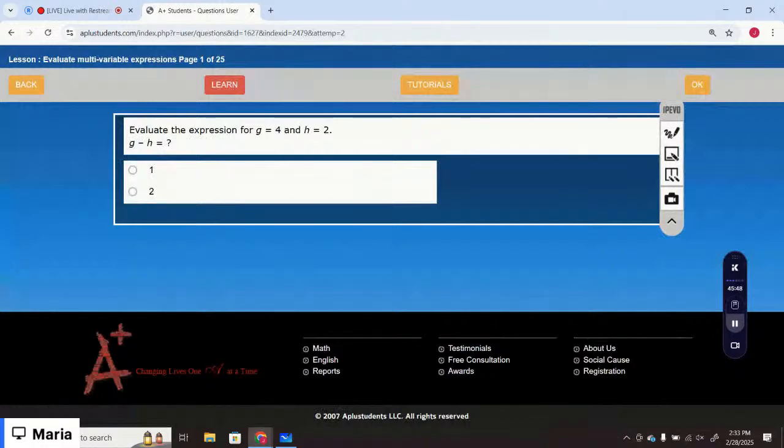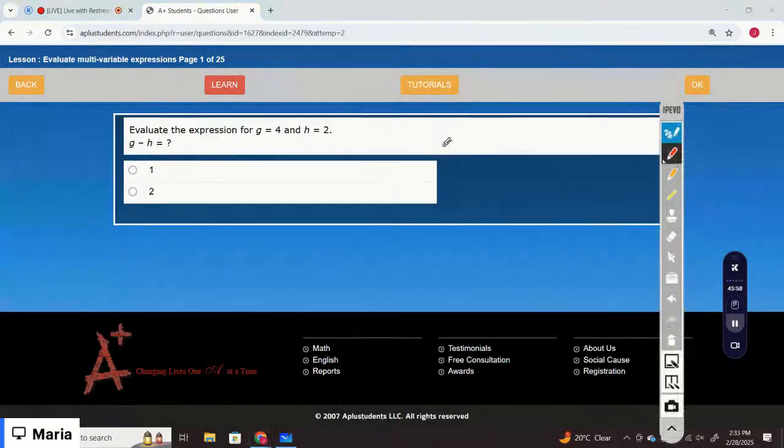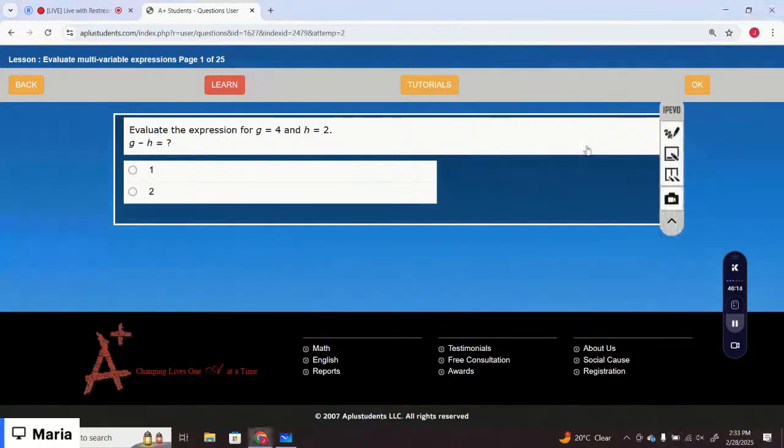Evaluate the expression for g equals 4 and h equals 2. G take away h, that is 4 minus 2. 4 minus 2 is 2. Option number 2 is the correct option.